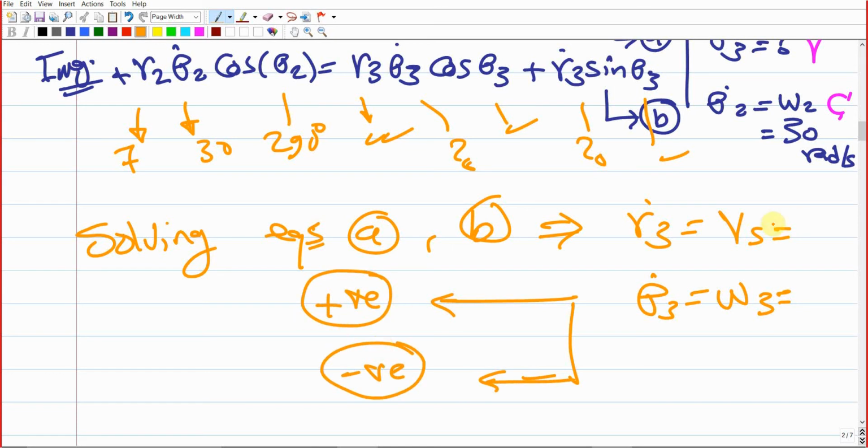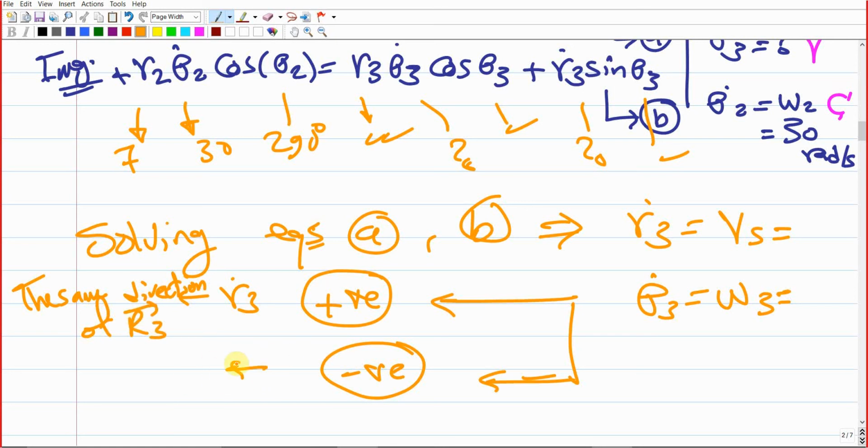If R3 dot is positive, it means that it is in the same direction of the R3 vector. Make sense?